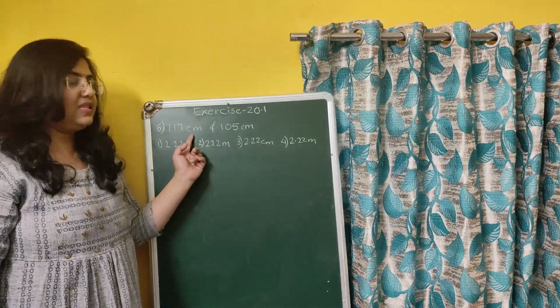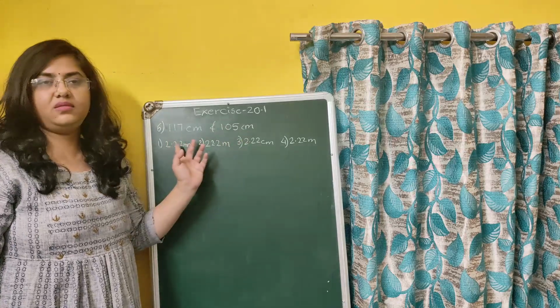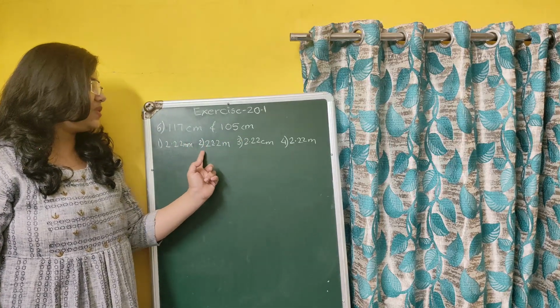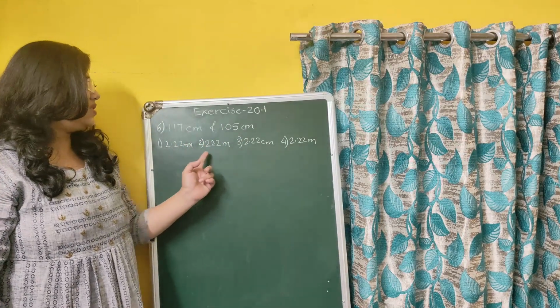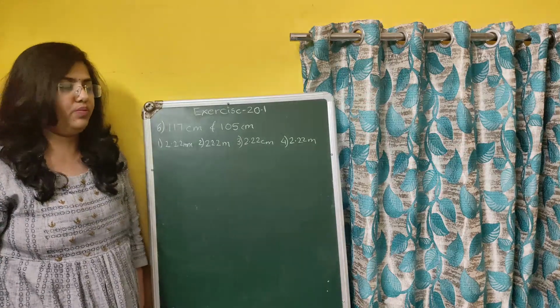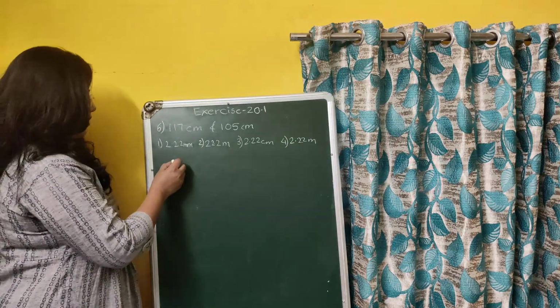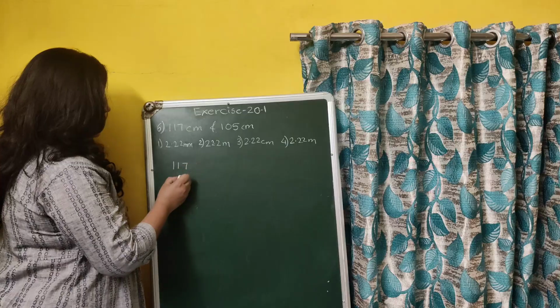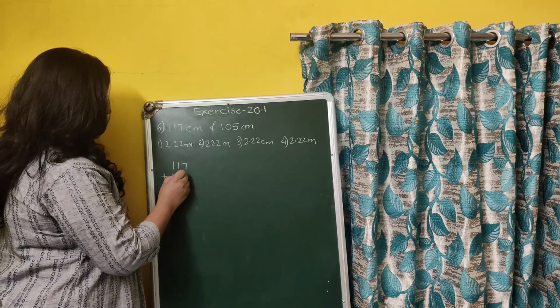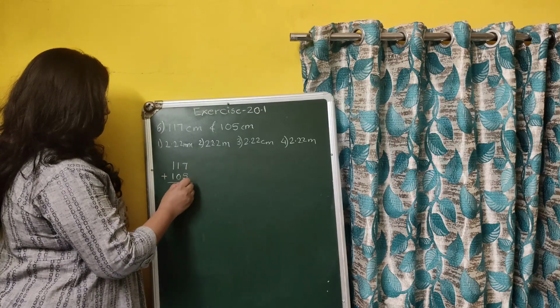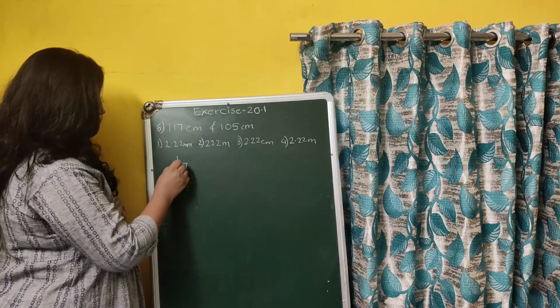अभी see this, centimeter and centimeter is given, but answer is expected in meters, millimeters, centimeters. Let us see how. Now 117 plus 105. 7 plus 5 is 12. Carry 1.